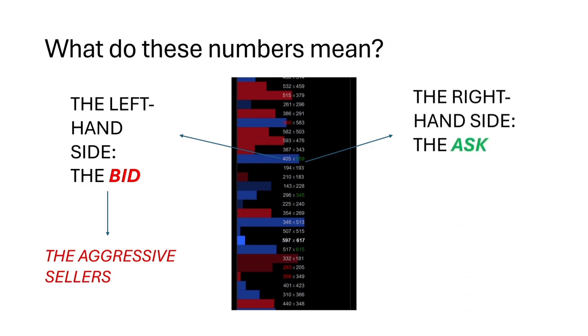Now, the right number is the ask, and you probably guessed what the ask represents. They are the aggressive buyers or the aggressive buy orders. So all you want to understand with footprint charts, and again, I get this question a lot, is it's the total number of contracts, or the total number of sellers and buyers trading at that price for that particular stock at that time.